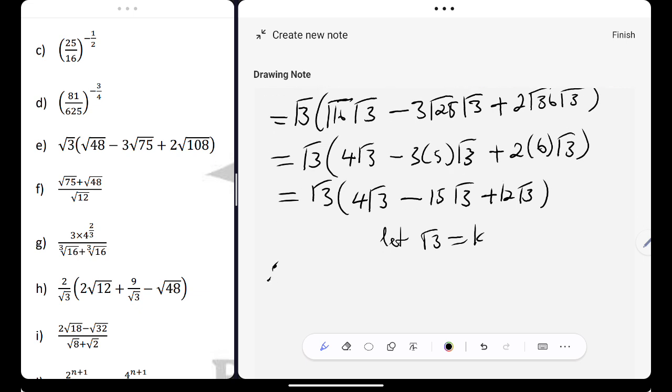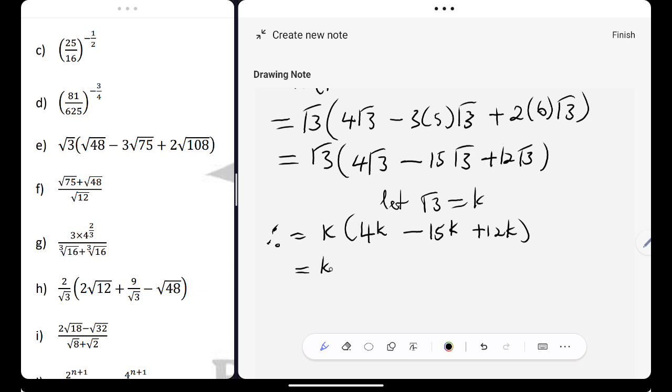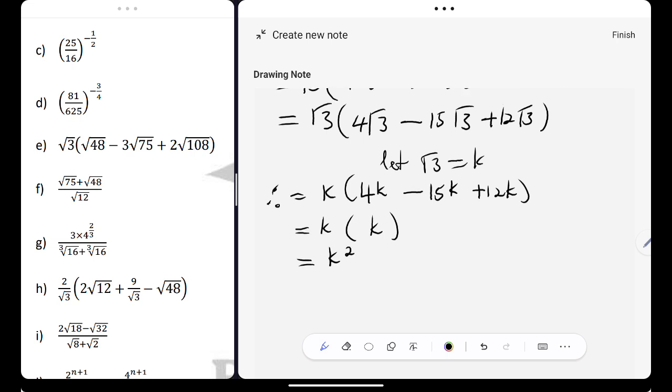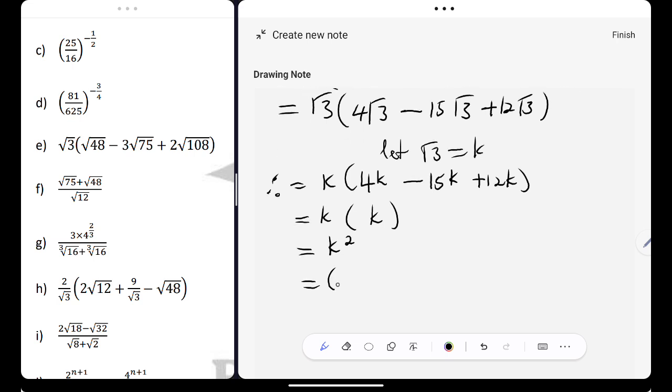So therefore, I'll have k multiplied by 4k minus 15k plus 12k. Inside the bracket, I'll have 4k plus 12k, I'll get 16k. 16k minus 15k is just k. So what do I have? I'll have k squared. But what is k? k is the square root of 3.